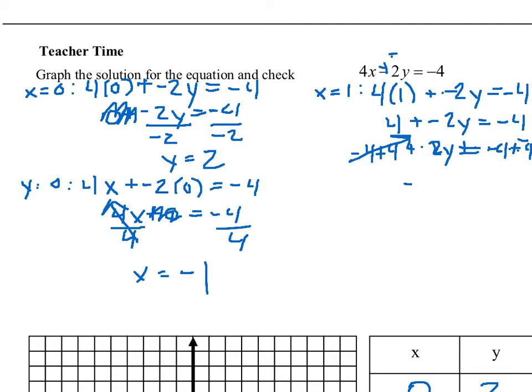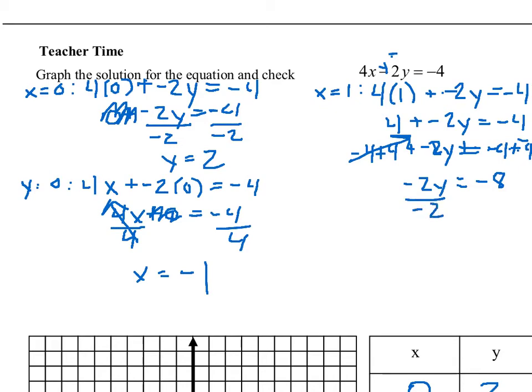So that gives me negative 2y equals negative 4 plus negative 4 is negative 8. Jose, now what do I need to do to finish solving this equation? Divide by negative 2.